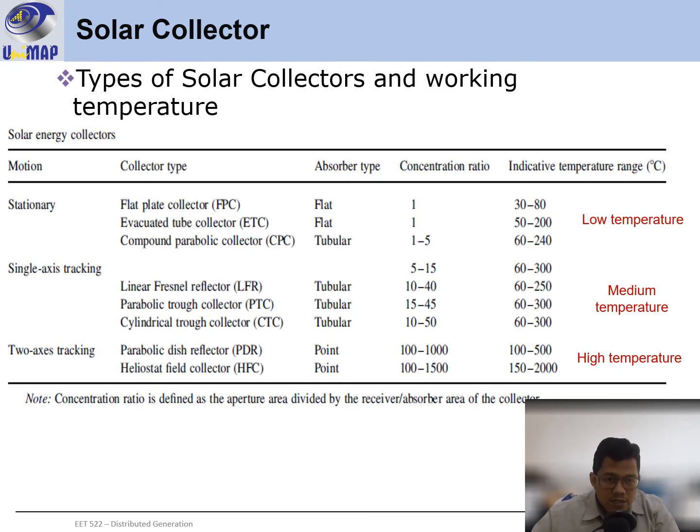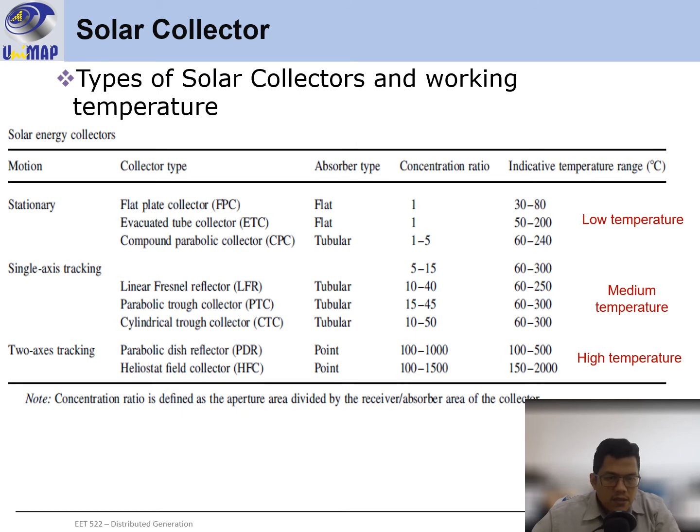For the stationary type, the most common one is the flat plate collector, and then we have the evacuated tube collector, and finally the compound parabolic collector. This type of collector works at low temperature, from 30 degrees C up to 240 degrees C. The second type is the single axis tracking.